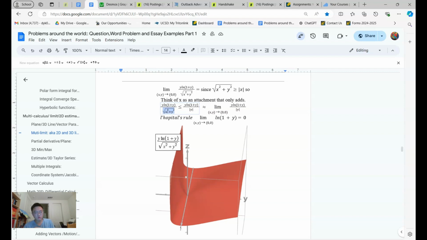When you substitute the square root of x squared plus y squared with y, what you're assuming is that you have y squared over here and x squared over here, but you can basically translate it into y because it's just a function.